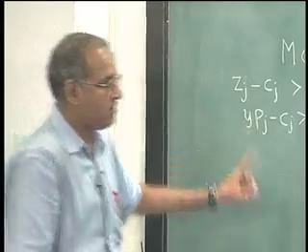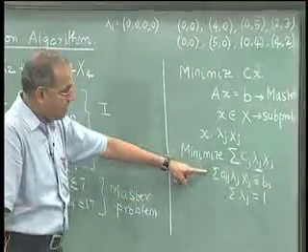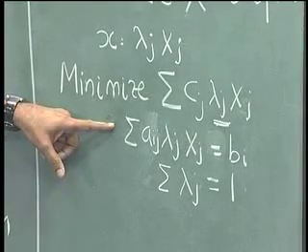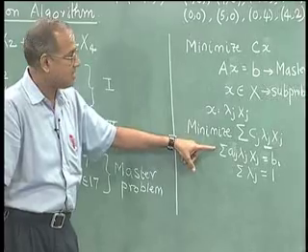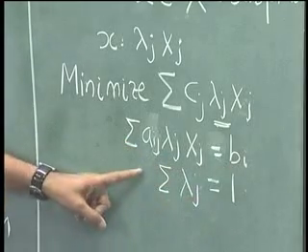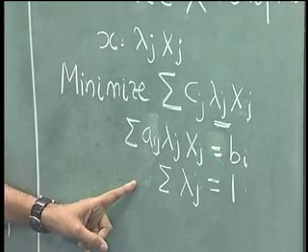Now in this problem, if we look at this primal, here we have as many constraints as the master constraints, and in our illustration two constraints. So this will give rise to 2 dual variables. This is always a single constraint, so this will give rise to 1 dual variable.